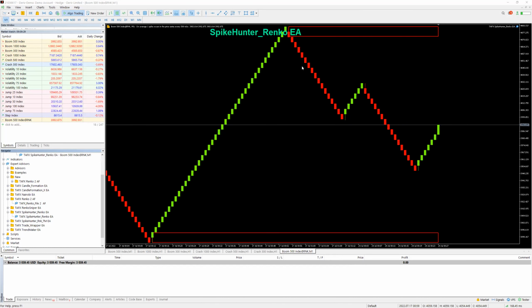Yes, we said when you work with our super zone and formation, the EA will only take the trades whenever there is this zone of support or resistance, and with the formation. Now, if we have a resistance here, the only thing the EA can do from there is to sell.